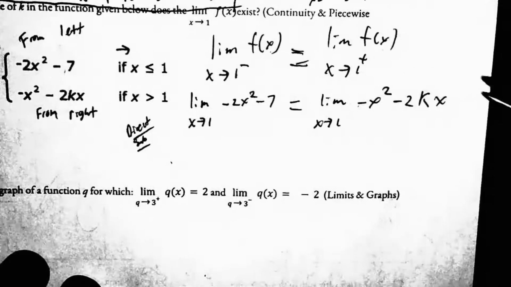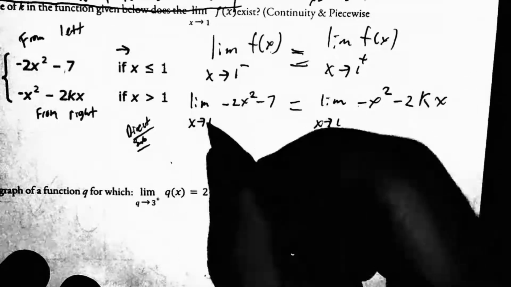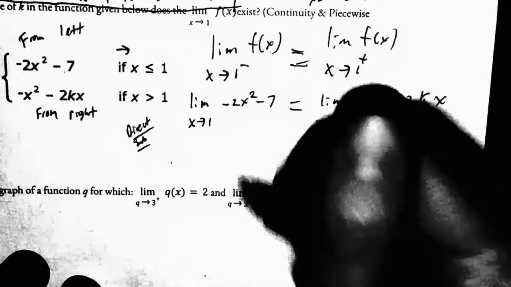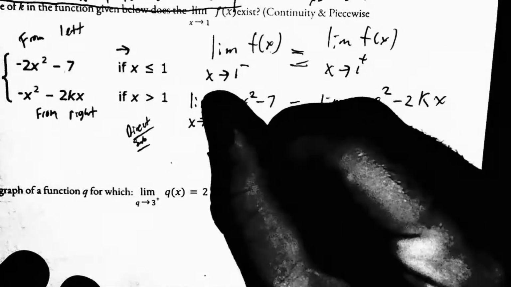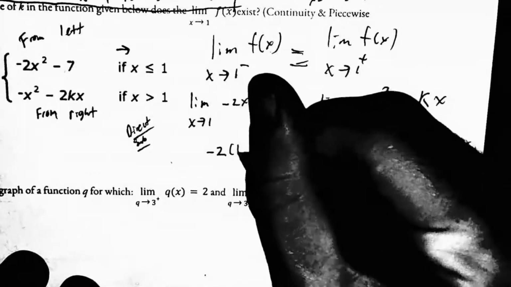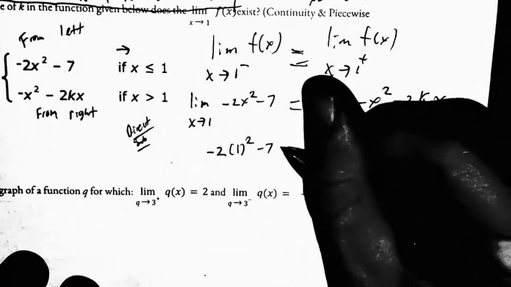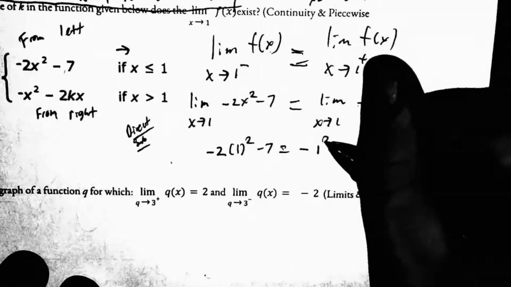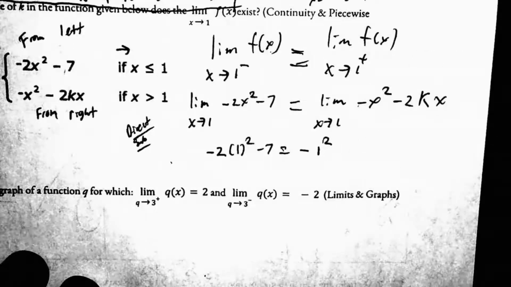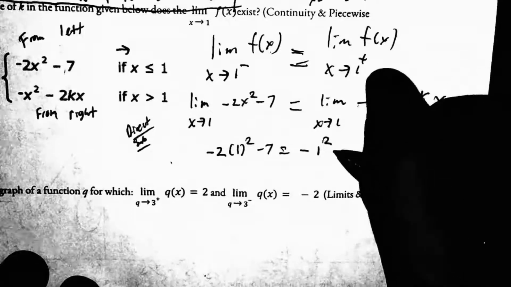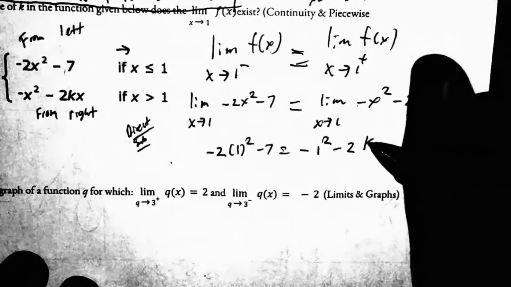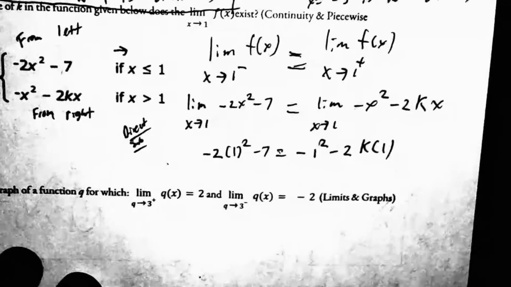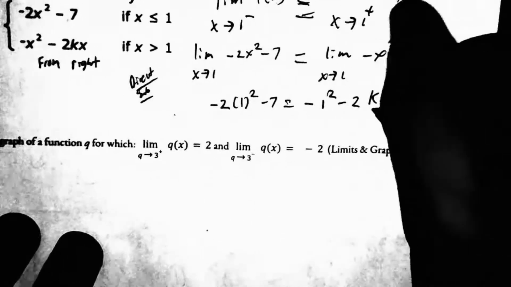I'm just going to plug in the 1 for x in both. So now -2 times 1 squared minus 7 needs to equal -1 squared minus 2k times 1. And so we're solving this equation for k.